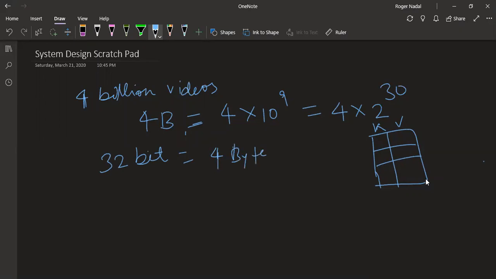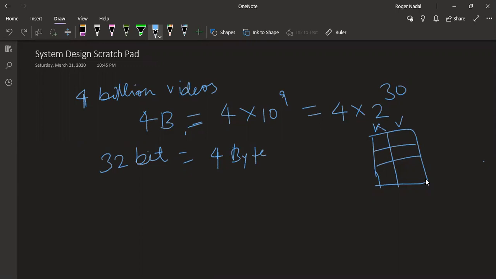Yeah, you guys can continue, but I'm just estimating how much memory we need. Suppose the basic thing is that I can put a key-value pair, where the key is the video ID and the value is the count. So how much memory are we going to incur? 4 bytes for the key and 4 bytes for the value.